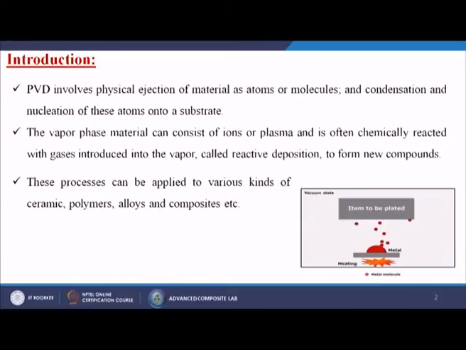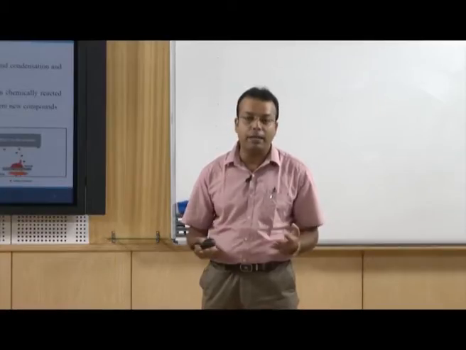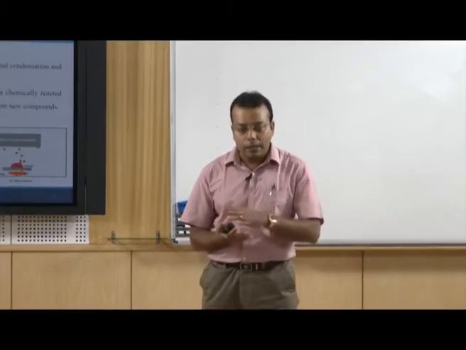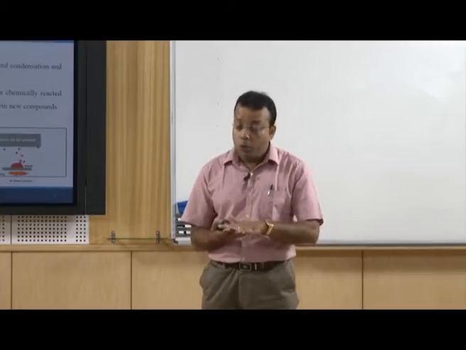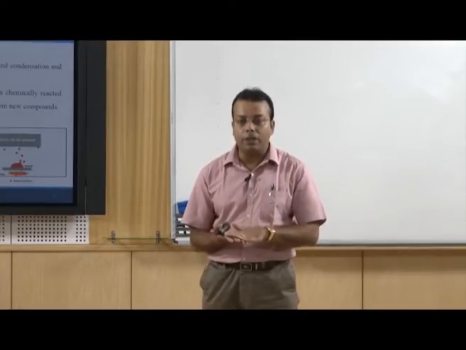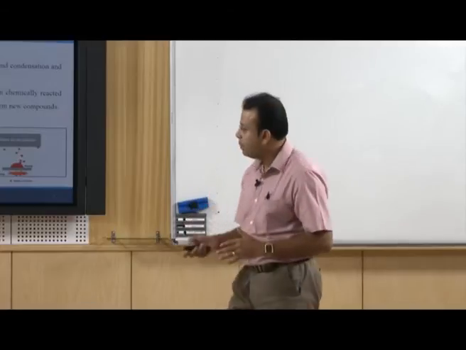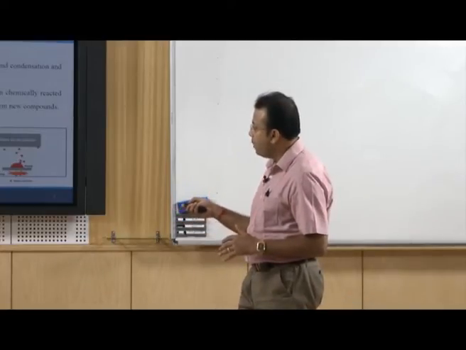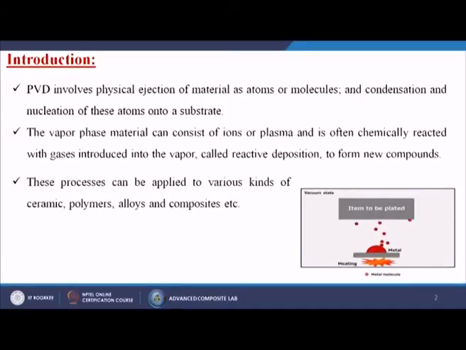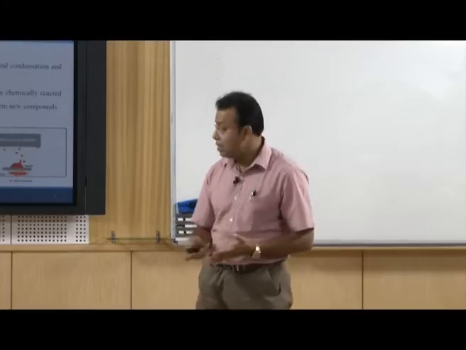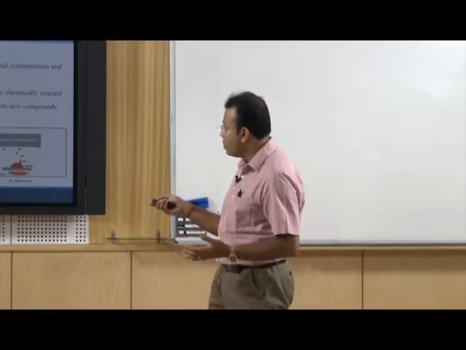So, from this line we can understand that whatever gas we introduce may react with those ions or molecules, or it can be an inert one to help the homogeneous coating of that material onto the substrate itself. This process can be applied to various kinds of materials like ceramics, polymers, metals, alloys, composites, etc.